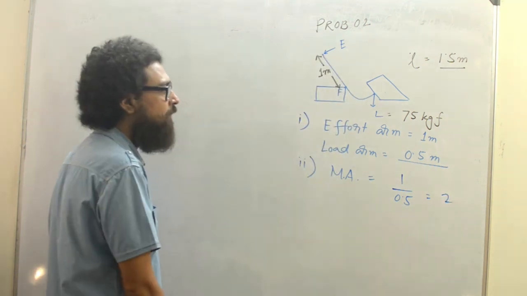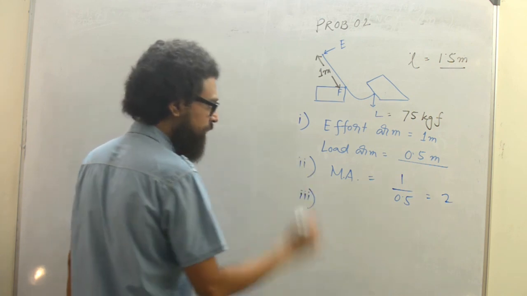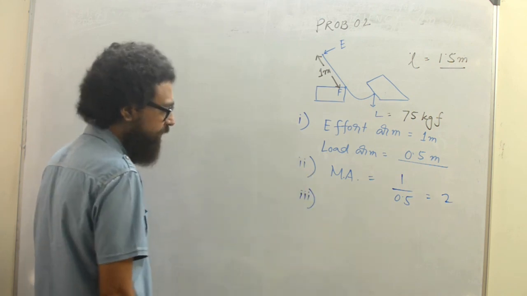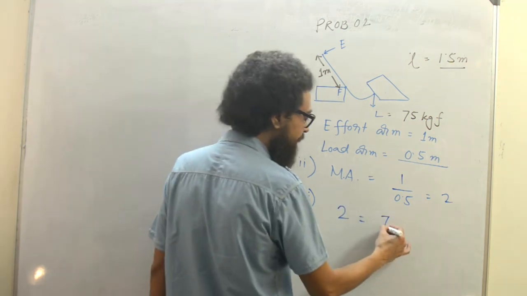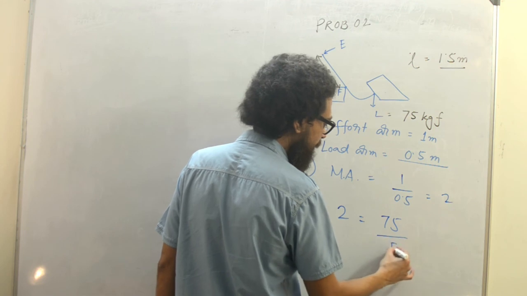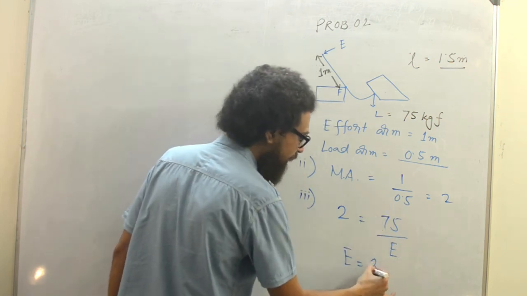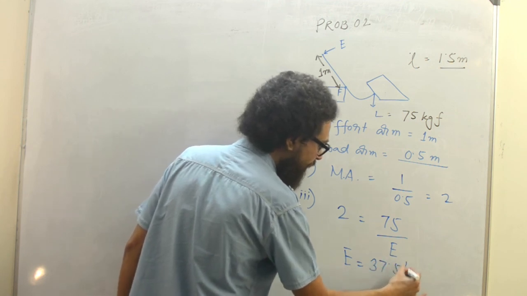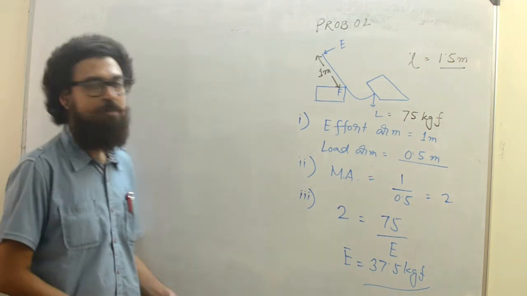Okay, great. And the last part is the amount of effort. So obviously, mechanical advantage is 2, the load is 75, and effort I don't know, and now I know it is 37.5 kgf. You see, it's so simple.